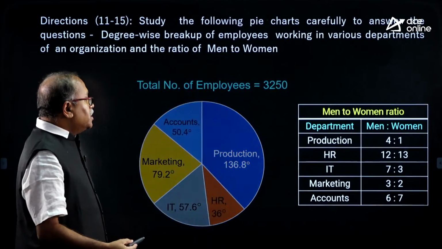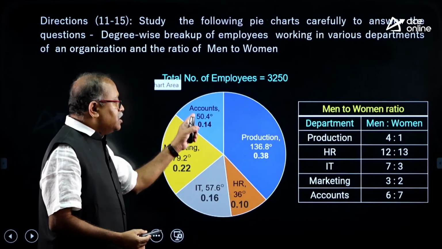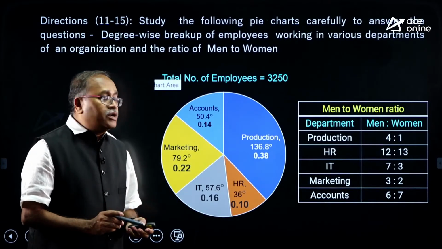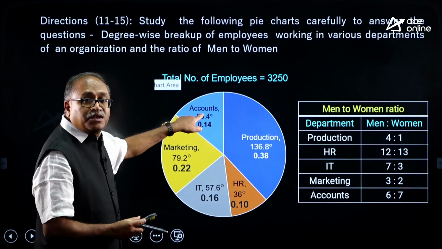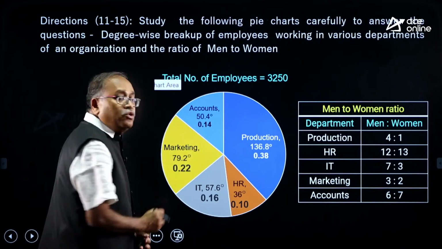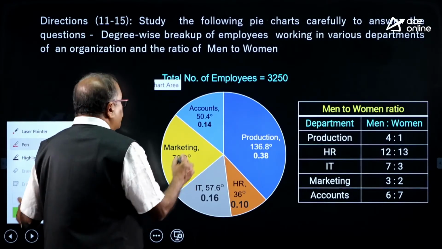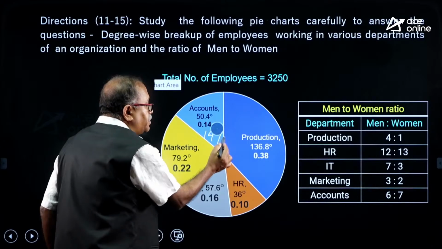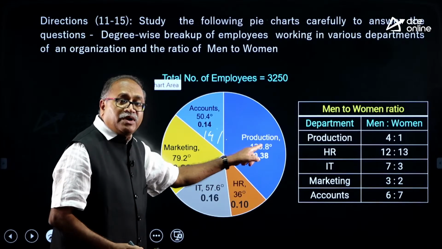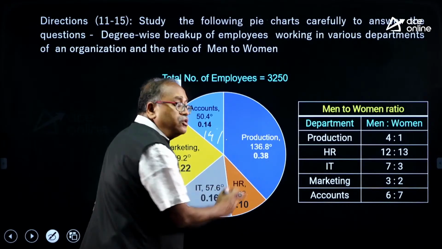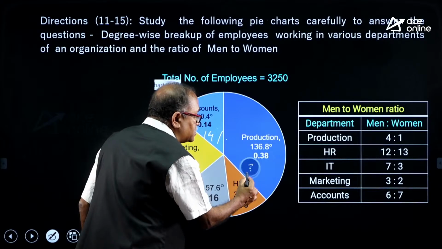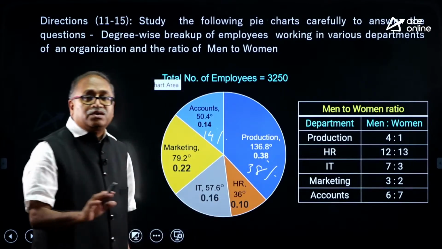What you are expected to do is immediately convert this. When I divided this by 360, I got 0.14, and 0.14 is nothing but 14%. When I divided this number by 360, I got 0.38, that means it is 38%, and so on and so forth.